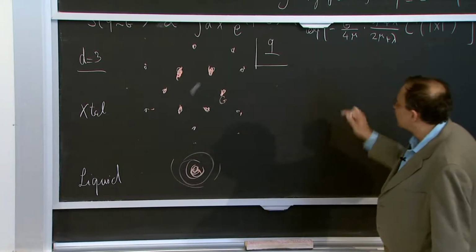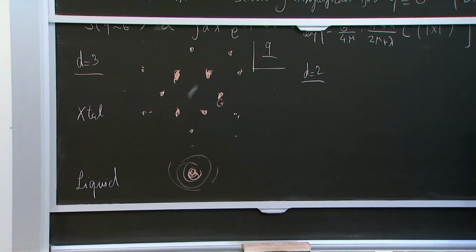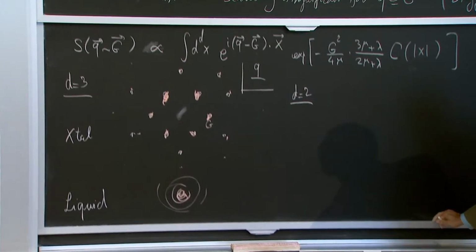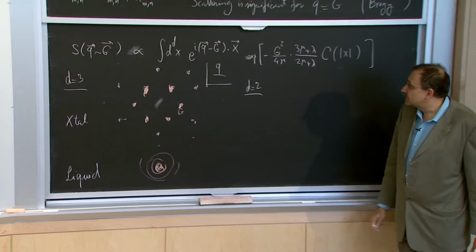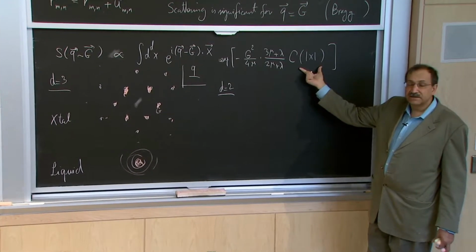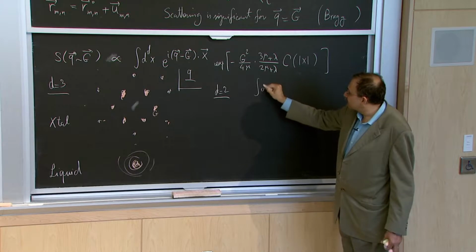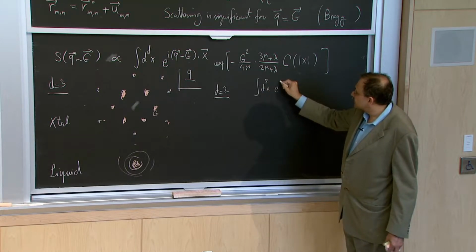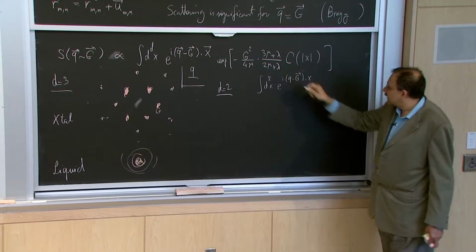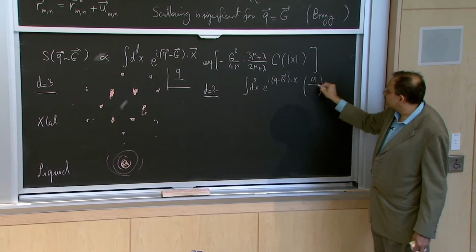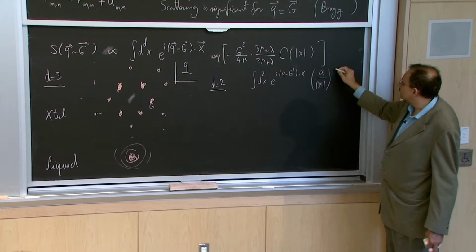Okay? Now what happens in d equals 2 is kind of interesting, because in d equals 2, I'm doing a two-dimensional integral, and this thing is growing as a power law. So basically what I end up having to deal with is something like e to the i (q minus g) x, and something that falls off as a over x to some power that I will simply call eta g.